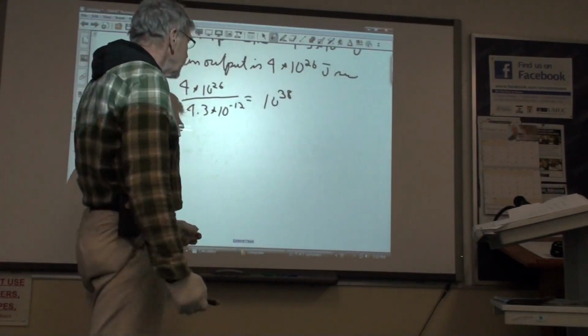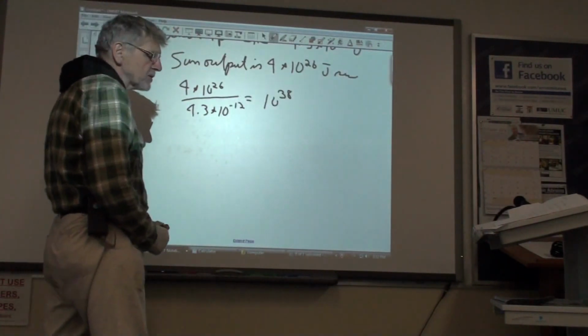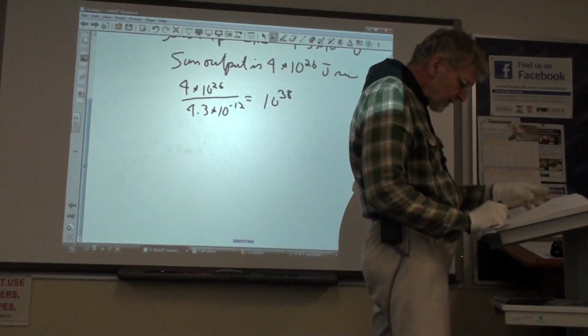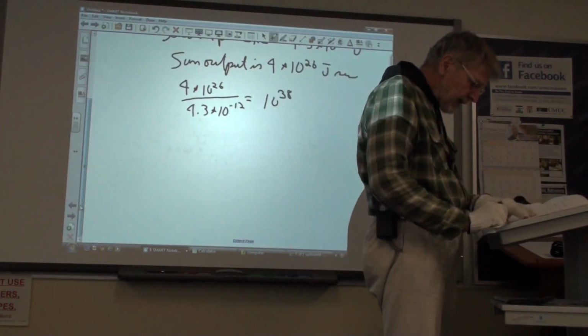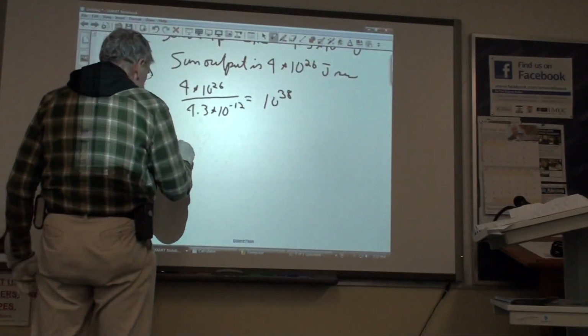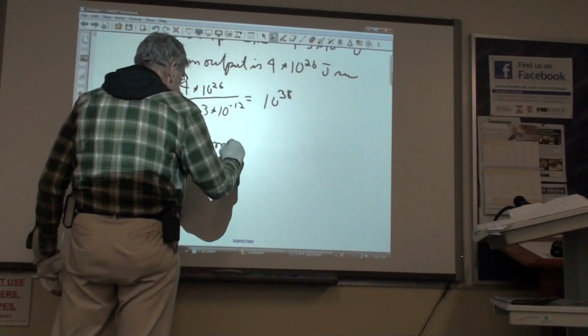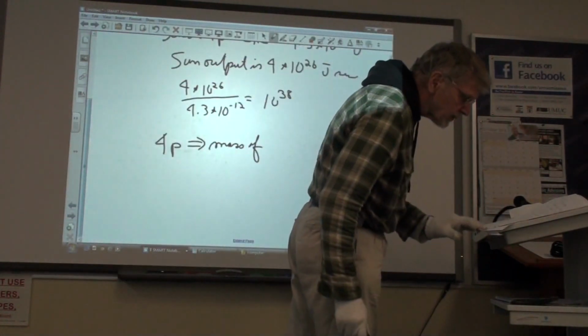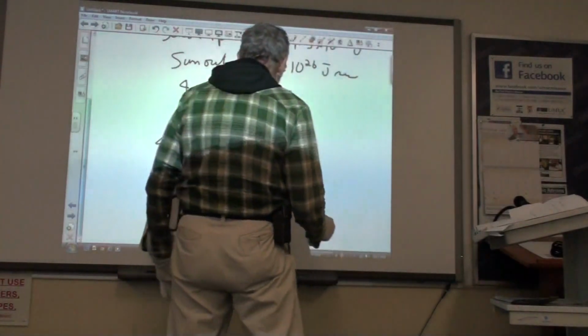Now each one of these reactions is going to consume 4 protons, 4 hydrogen nuclei, and 4 hydrogen nuclei have a mass, from the same page, of 6.7 times 10 to the minus 27.